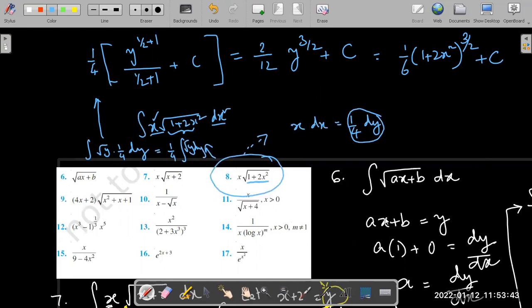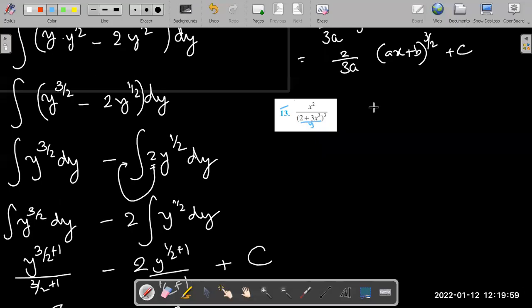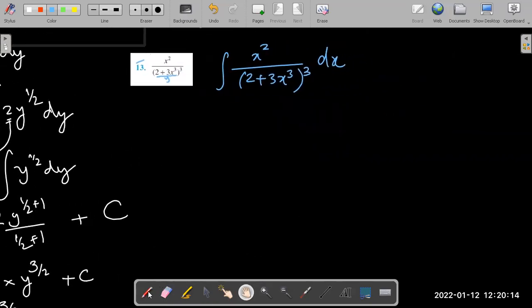Next, the integral of x square divided by (2 plus 3x cube) whole cube dx. So for this you will say let 2 plus 3x cube equal to y.